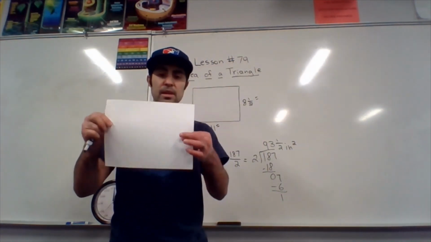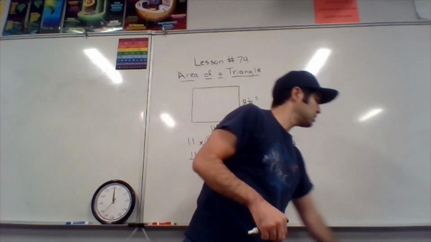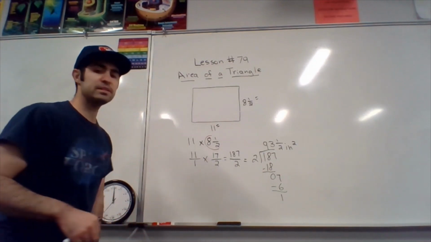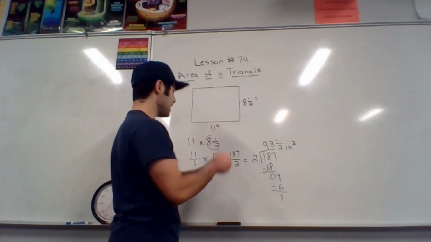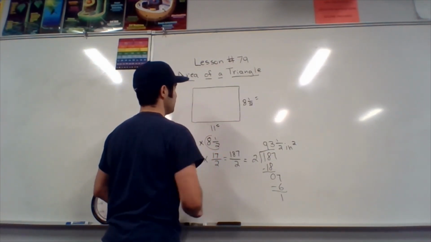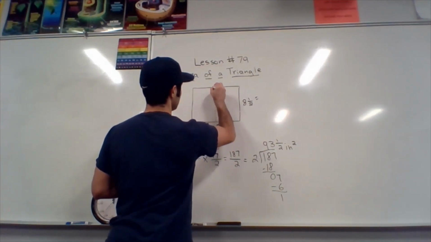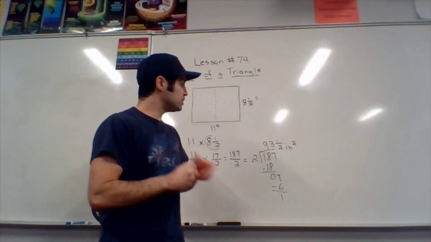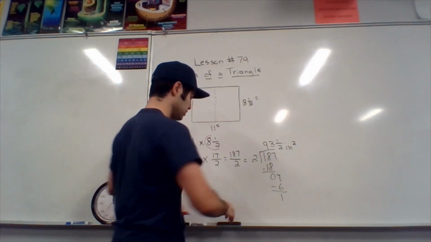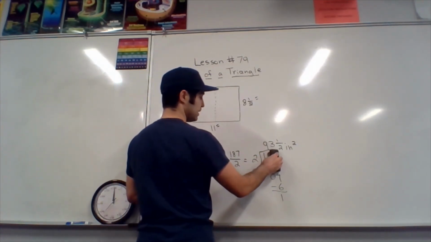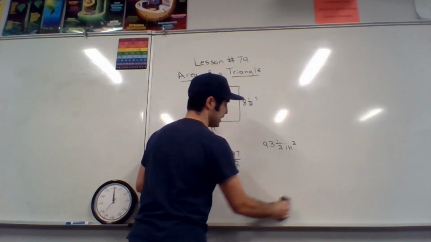Okay? Now, if I wanted to do half of this, say I just cut my paper in half. Okay? Then I would just divide this by 2. So let's go ahead and do that. So now I have 93 1/2.